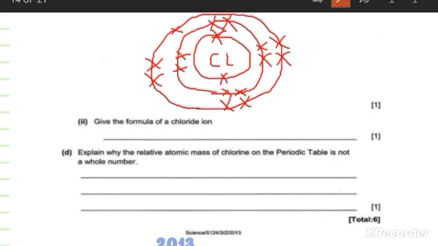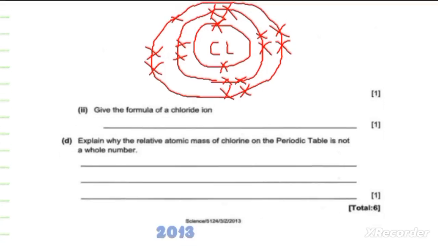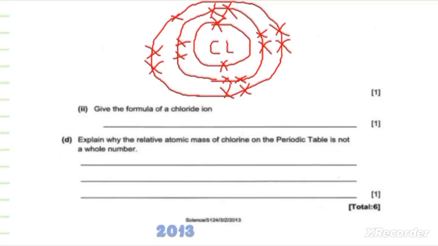So the formula will look like this: Cl negative. The negative indicates gaining.